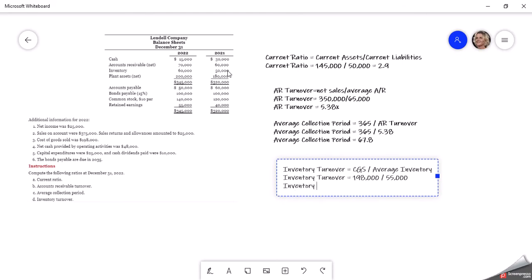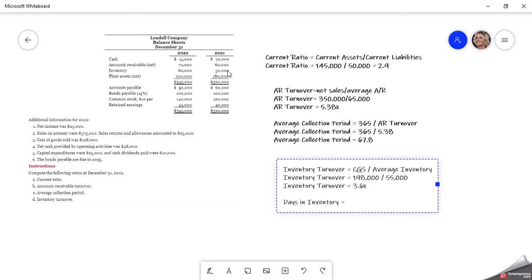So then now our inventory turnover is 198,000 divided by 55,000. That gives us 3.6. Now it doesn't ask us to do this, but it goes hand in hand, so this one too would be a times. It's saying, okay, I turn my inventory over 3.6 times. It feeds into the days in inventory. So I'll go ahead and do it since we're halfway there.